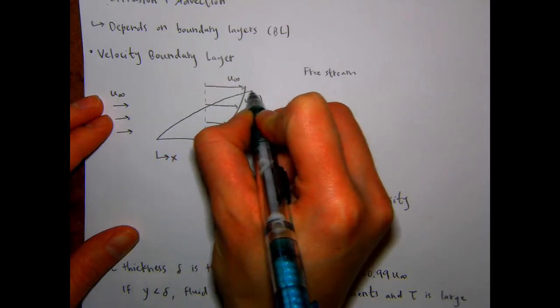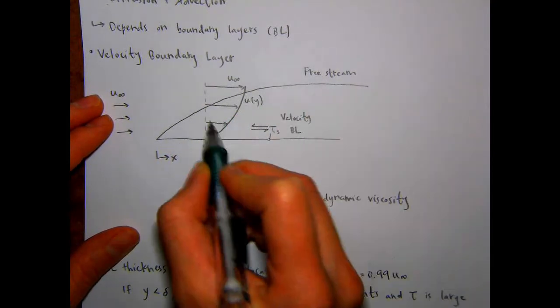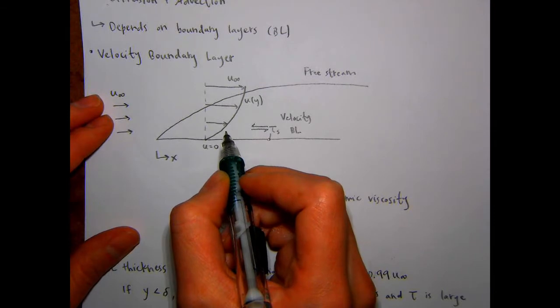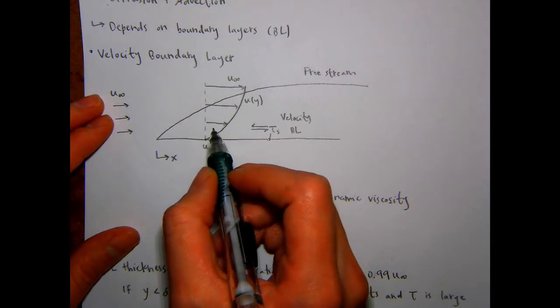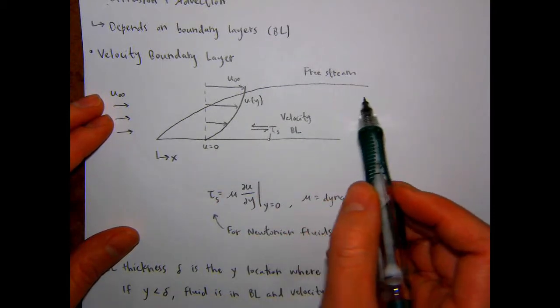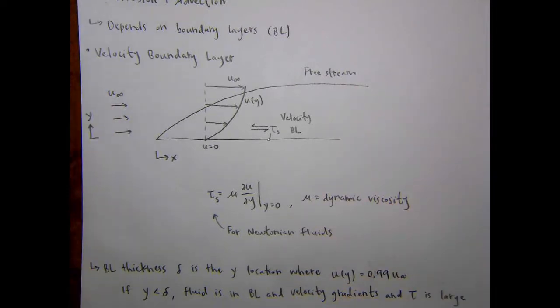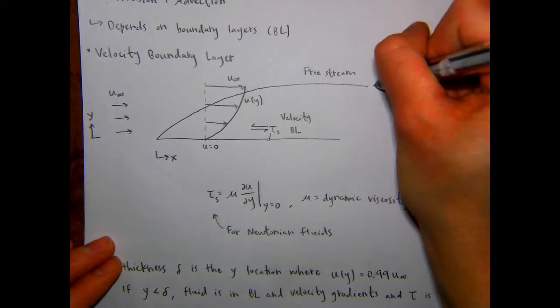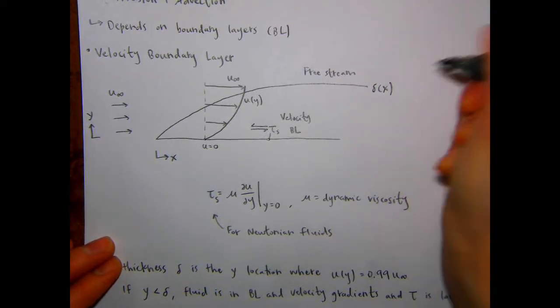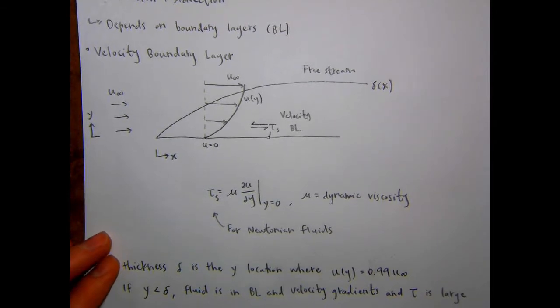Exactly. So you have an entry region where the boundary layer is growing, and then you reach a point where it's fully developed and the thickness stays the same after that. So this is delta as a function of x, thickness as a function of x.